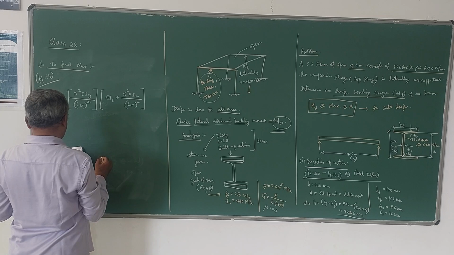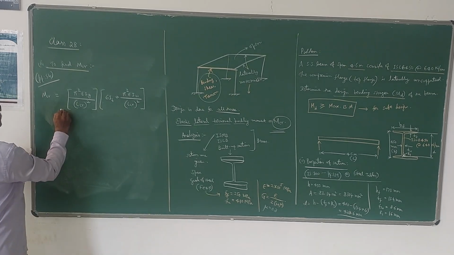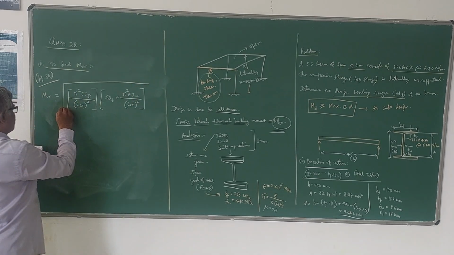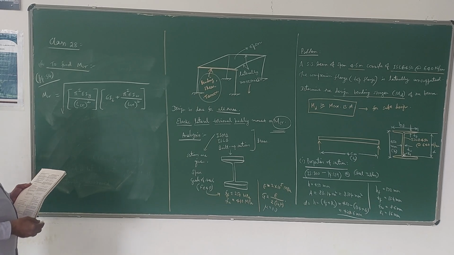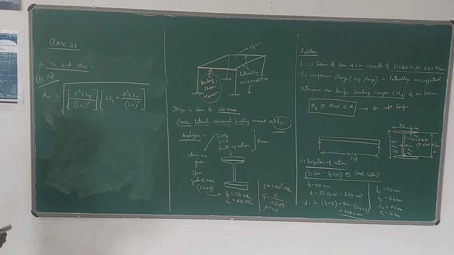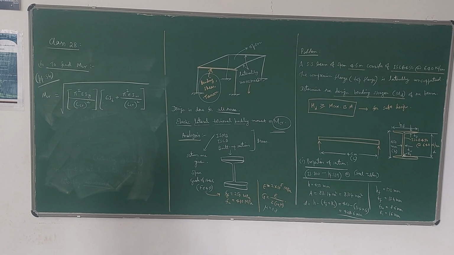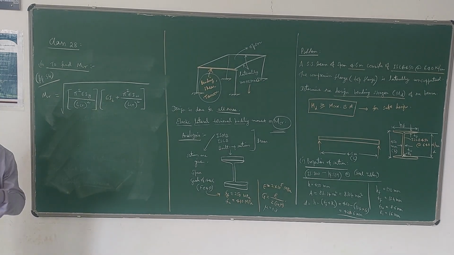This is under the square root. This is the equation. You need not remember any equation. It is available. Now you have to see what these values are, and the particular values are given there only.